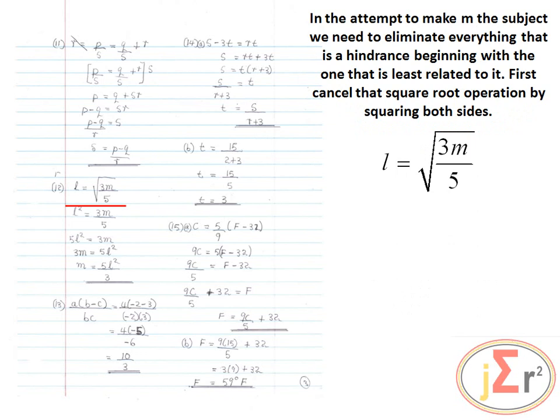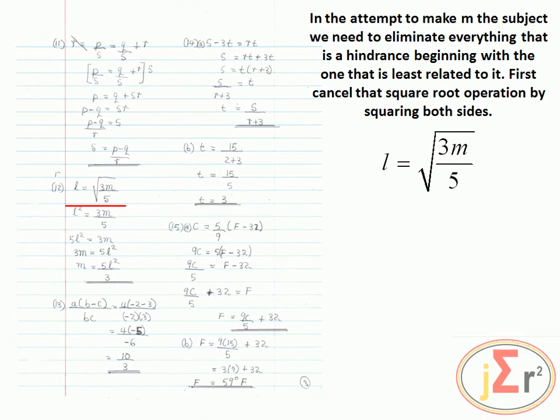In the attempt to make m the subject, which is what we are doing in this particular case, we need to eliminate everything that is a hindrance, beginning with the one that is least related to it. First, cancel the square root operation by squaring both sides.